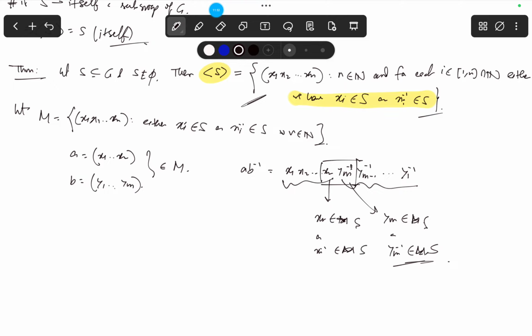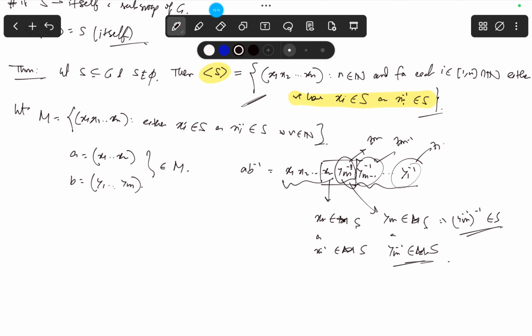Now if ym inverse is in S, then we are done. If ym is in S, that will imply ym inverse whole inverse is in S. So we can rewrite these terms as something zm, zm minus 1, up to z1.